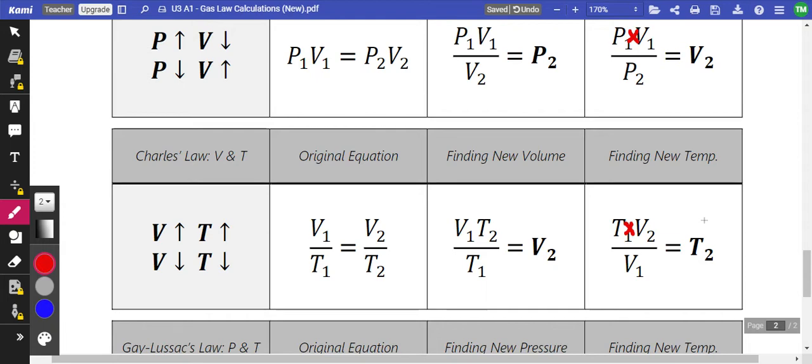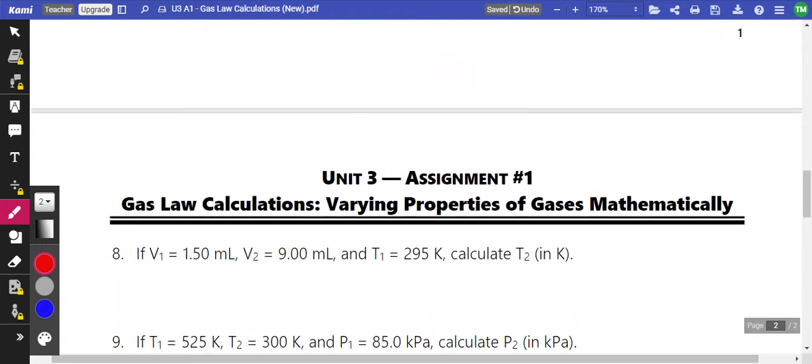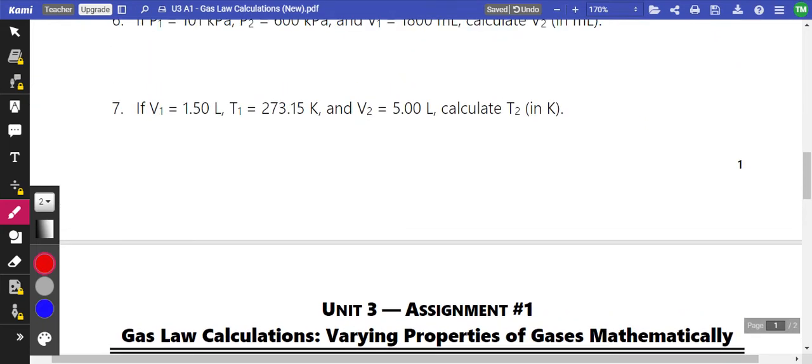So let's use that equation: T1 times V2 divided by V1 equals my T2.